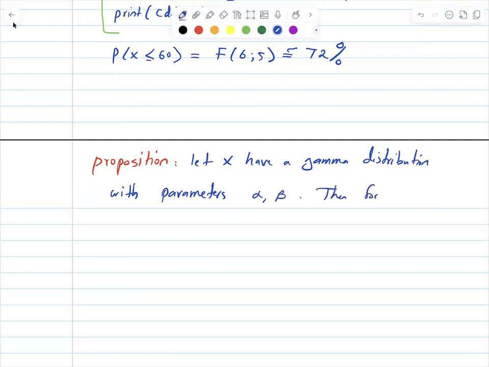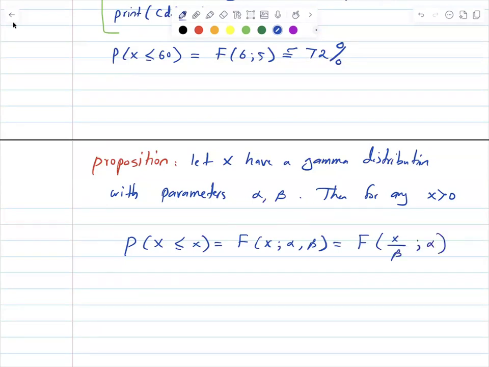Then for any positive x, the probability that x is less than or equal to x is the cumulative function of x with parameter alpha and beta, that can be written as the cumulative function of x divided by beta with parameter alpha. This is called the incomplete gamma function.